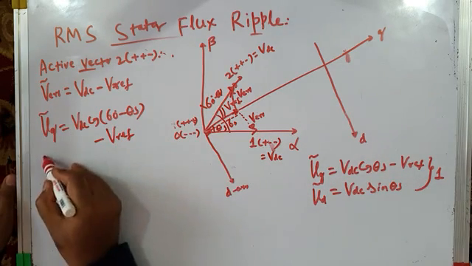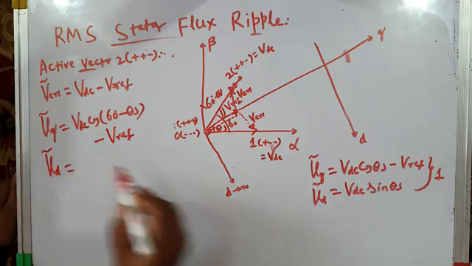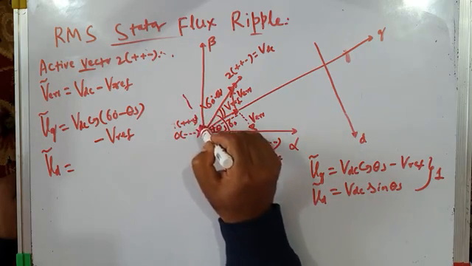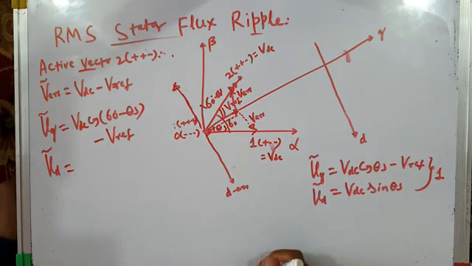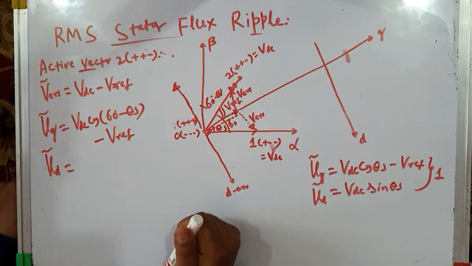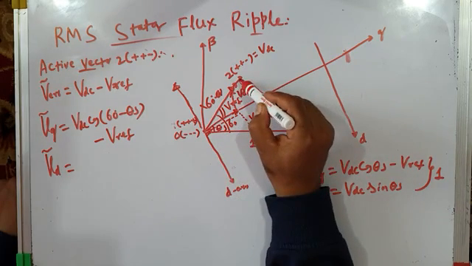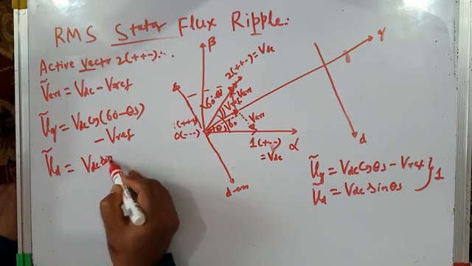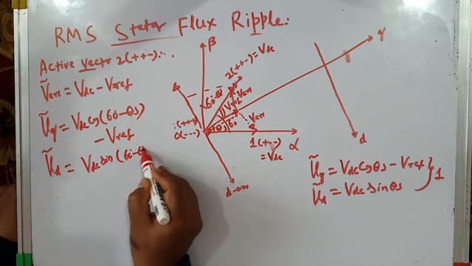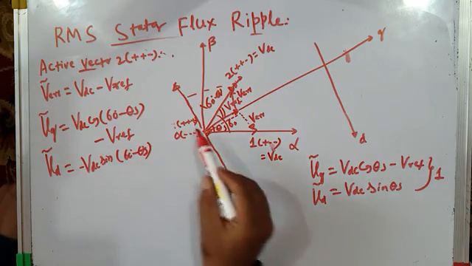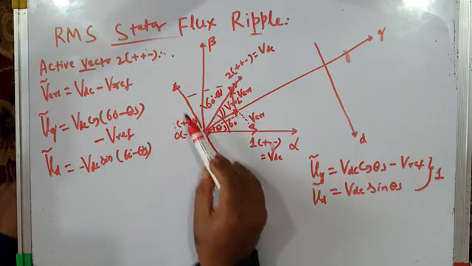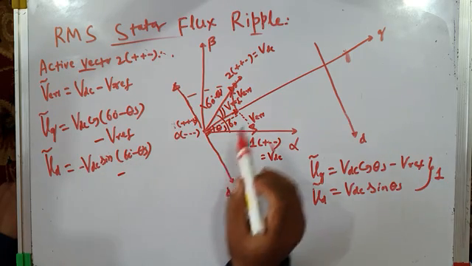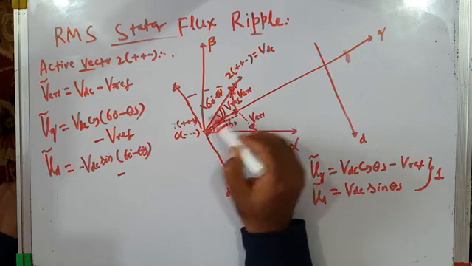Fine. And what about the component of the error voltage vector along D axis? This is our D axis if you extend it in the other direction. When active vector 2 is applied, its component along D axis will be VDC sine of 60 degrees minus theta s. In fact it will be minus VDC because this is plus D axis and this is minus D axis. So it is minus VDC sine of 60 degrees minus theta s, minus the component of the reference vector along D axis.